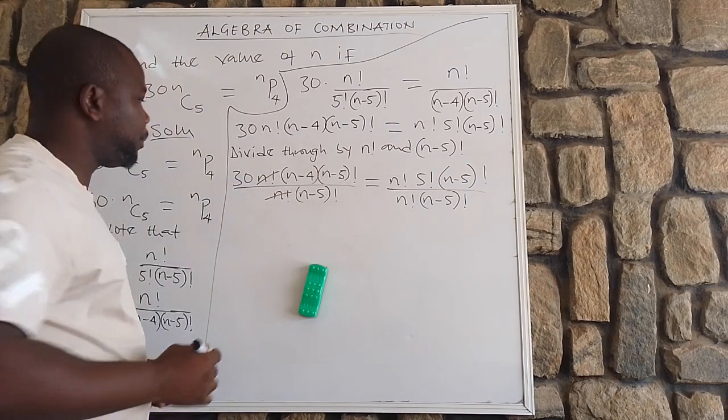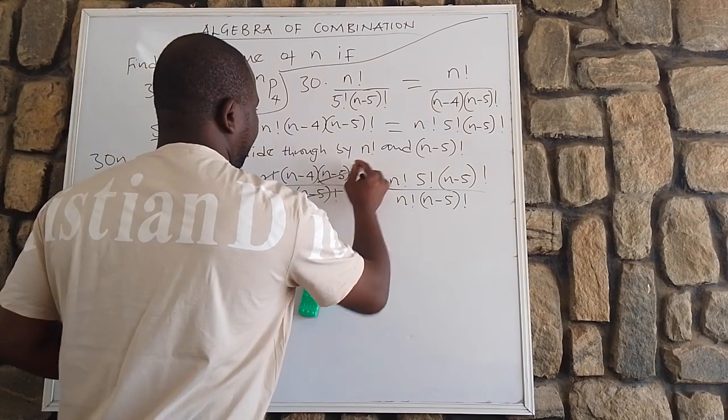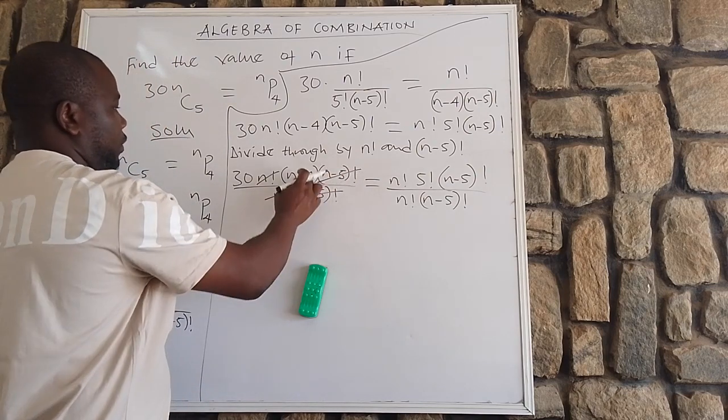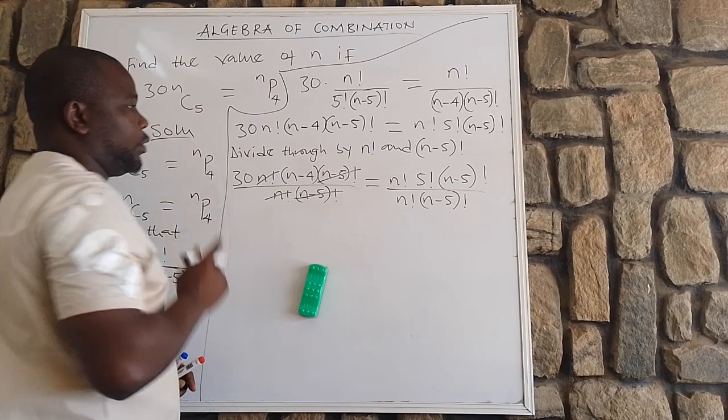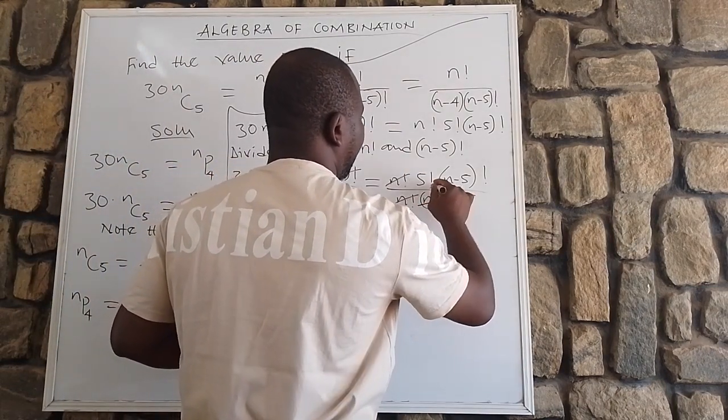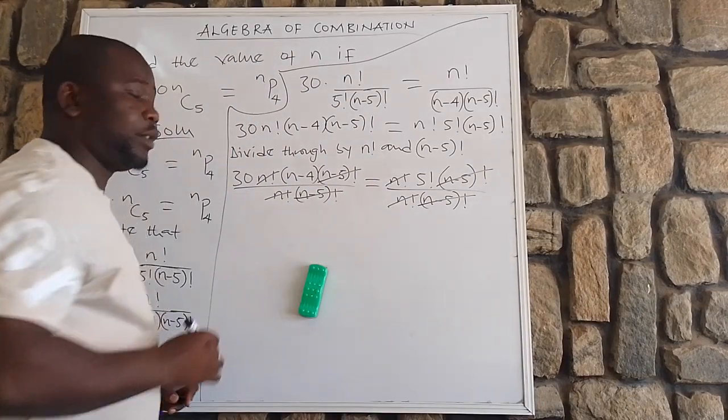Do you agree with me? This and this will go. Mind you, the factorial affects only n minus 5, it does not affect n minus 4. Take note. Then this and this will go, this and this will go. Do you agree with me?